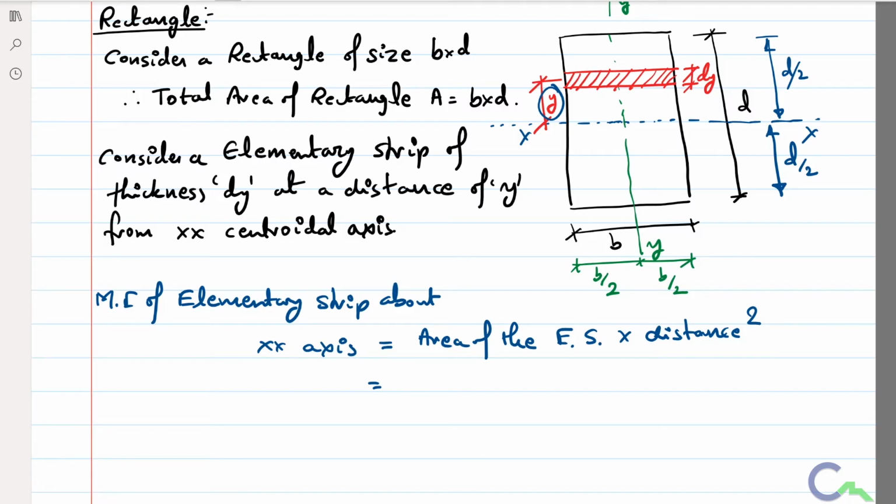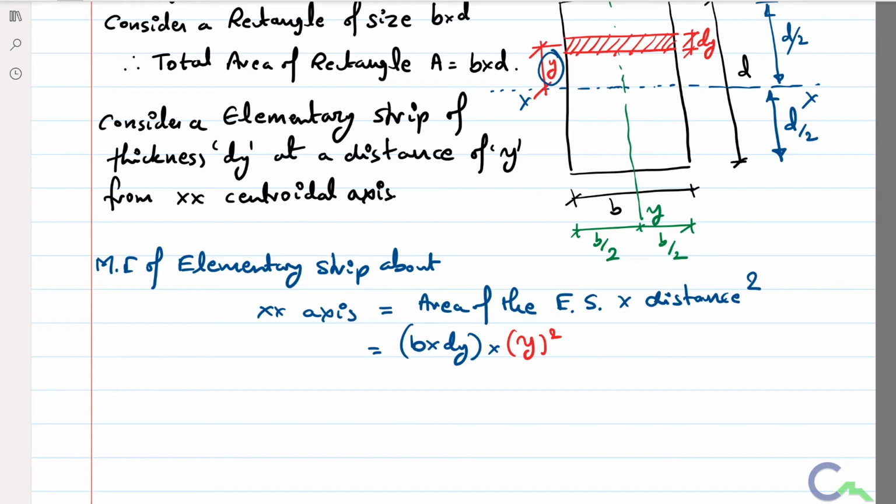So width of the elementary strip I can take b, and depth is dy. So I can write b into dy into distance square, that is y square. This is the moment of inertia of the elementary strip about xx axis.